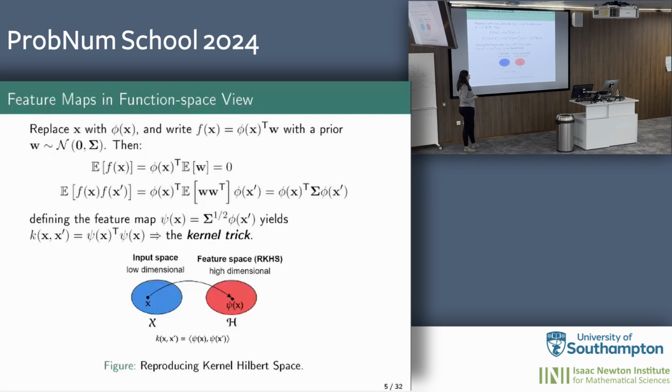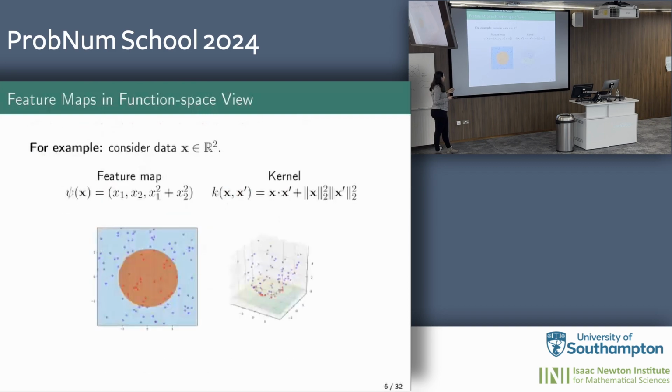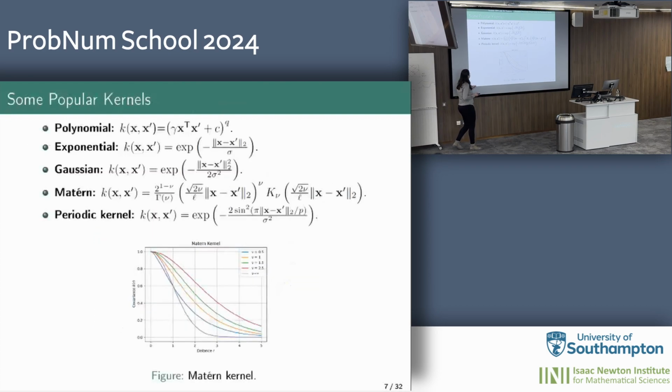And what is interesting here is that this reproducing kernel Hilbert space that we work in for these feature maps can also be infinite dimensional. So here, for example, I have a very simple example for something that is finite, but it doesn't have to be finite. Okay, so I want to consider different families of kernels.